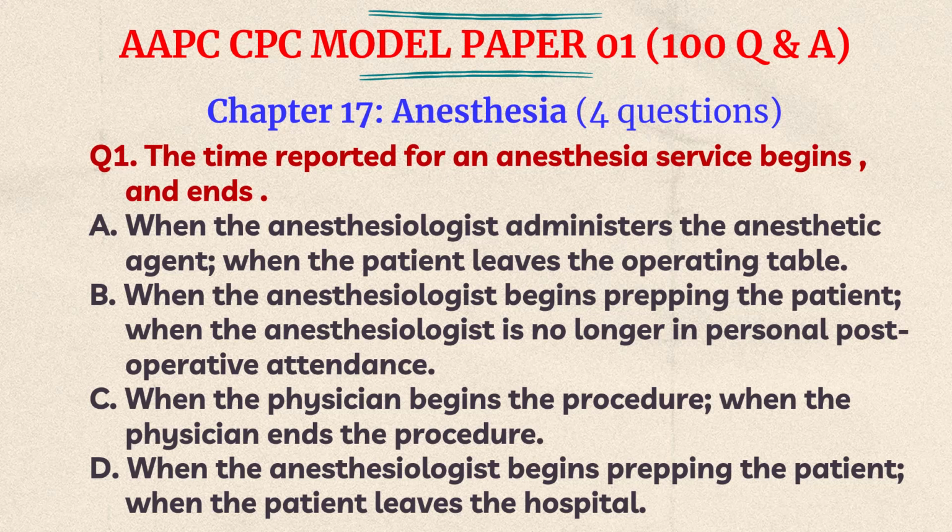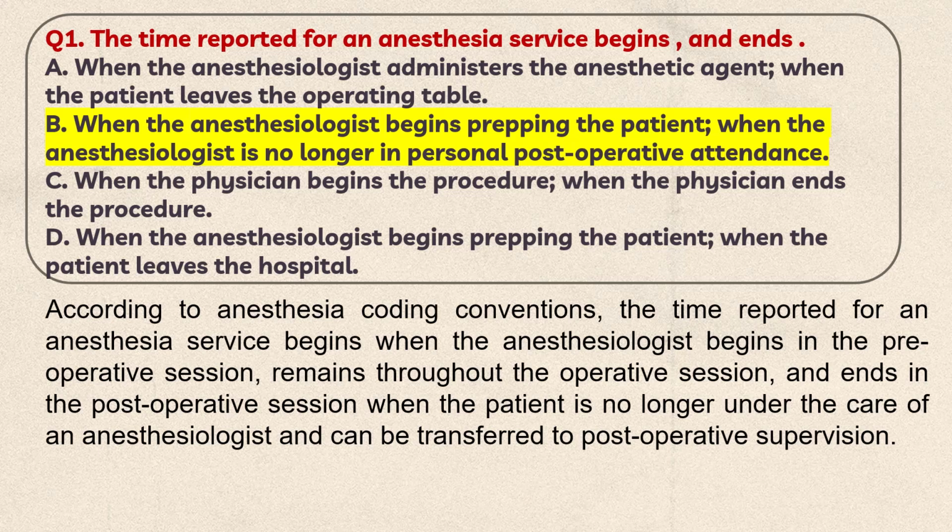Question number 1. The time reported for an anesthesia service begins and ends. There are 4 answers. Please pause the video, read the answers, and find the answer. 3, 2, 1. Okay, the correct answer is: the time reported for an anesthesia service begins and ends when the anesthesiologist begins prepping the patient, when the anesthetist is no longer in personal post-operative attendance.